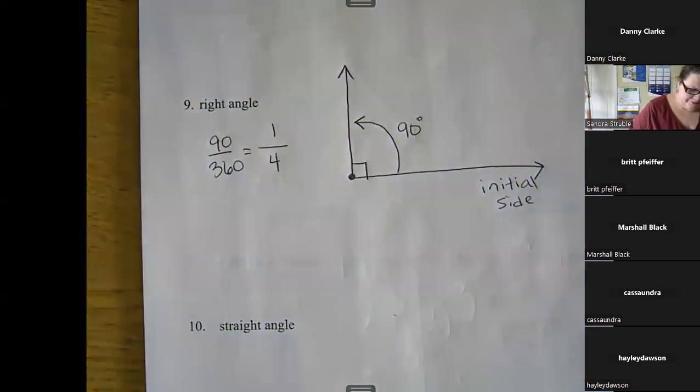Okay. So the terminal side is 1/4 of the way around the circle. Okay. And it has to be positive because we're moving in a counterclockwise position. All right.